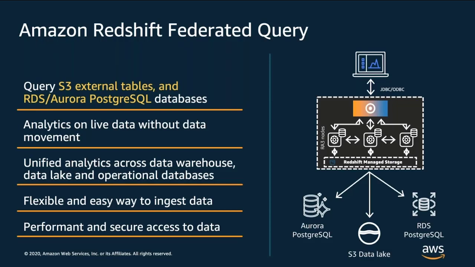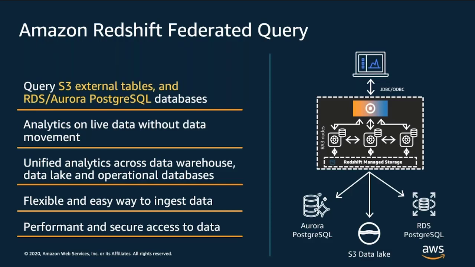This allows you to augment your data warehouse with new data sets in one easy step without having to set up and maintain complex ETL pipelines. You can enrich the insights by joining this data from your Redshift data warehouse, data in your data lake on S3, and now data in your operational data stores in Postgres to make better data-driven decisions that matter to your business.